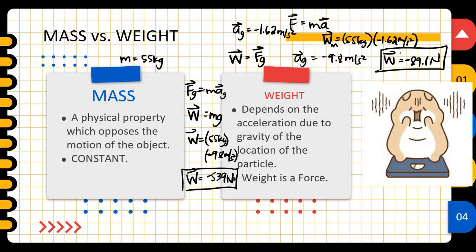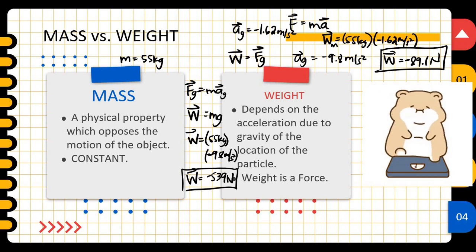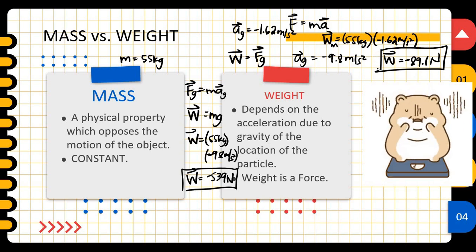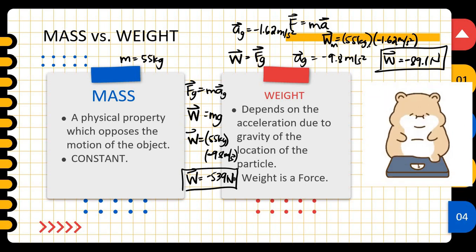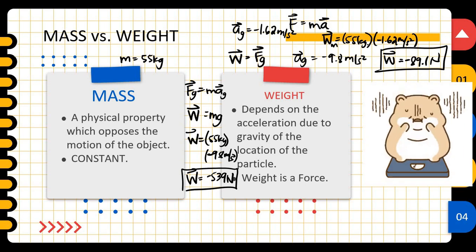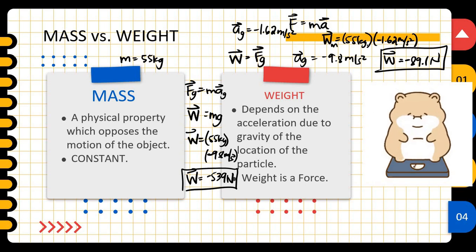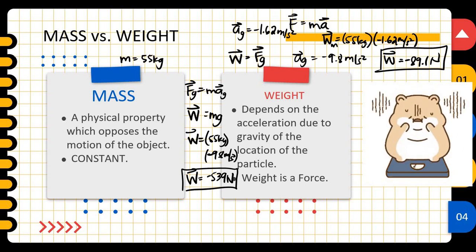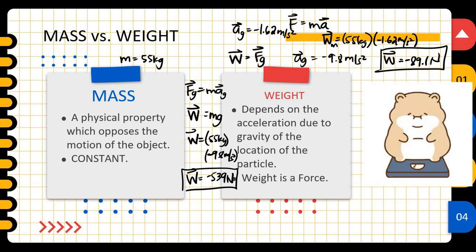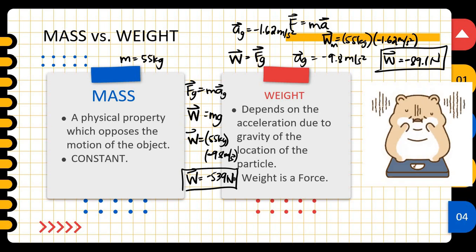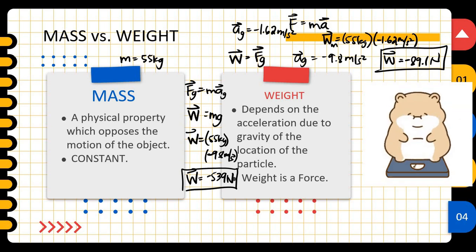The particle's weight is reduced when the particle is located on a smaller rigid object. Obviously the moon is smaller than the Earth. That's why the weight of the object there is smaller than the weight of the object on Earth.